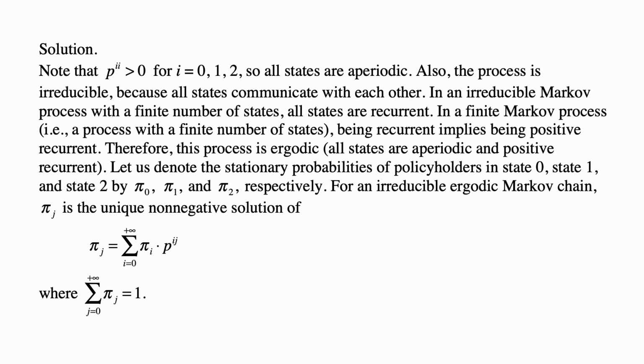Let us denote the stationary probabilities of policyholders in state 0, 1, and state 2 by pi 0, pi 1, and pi 2 respectively, and this is standard notation. Now, I checked all the assumptions of the theorem that we're using about the limiting probabilities being solutions of the balance equations.